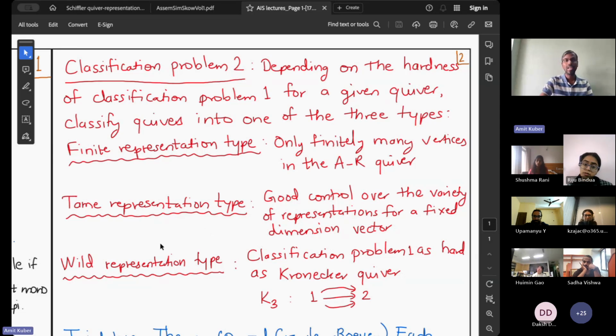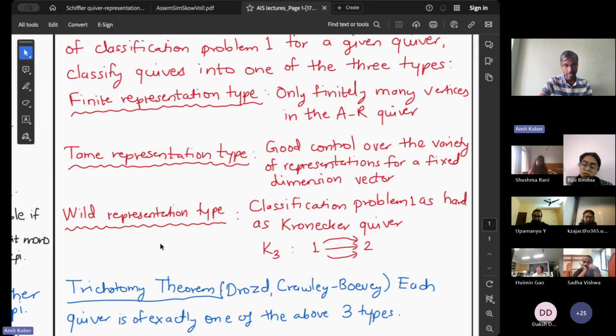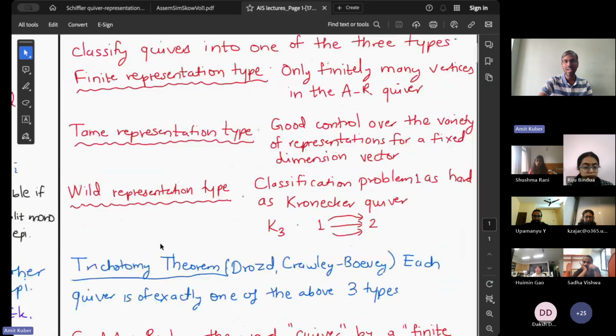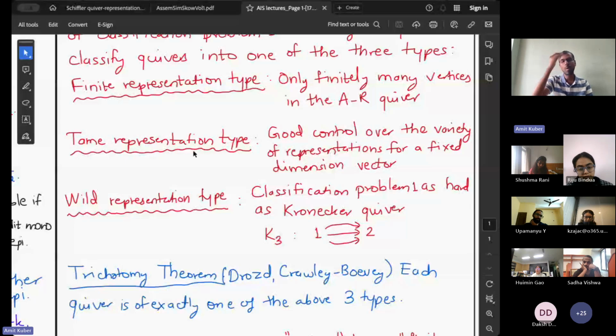Well, I will tell that to you in a second. However, there is a proper definition of tame representation type and there is a proper definition of wild representation type, which is basically whatever I wrote. There was this surprising result by Drozd, and I think there was some error in the proof which was later corrected by Crawley-Boevey. You have already seen this name, Crawley-Boevey, earlier.